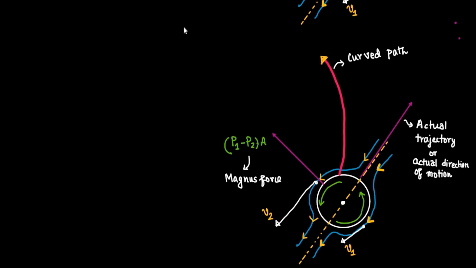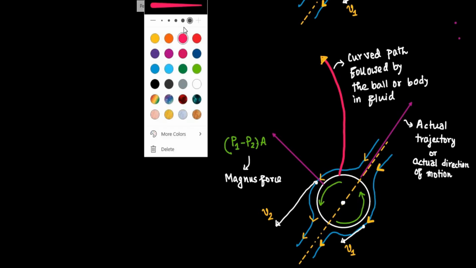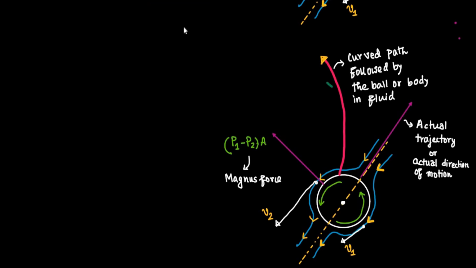This is the curved path followed by the ball or football, followed by the ball or body moving in the fluid. This is the curved path or resultant path along which the ball or football will be moving.